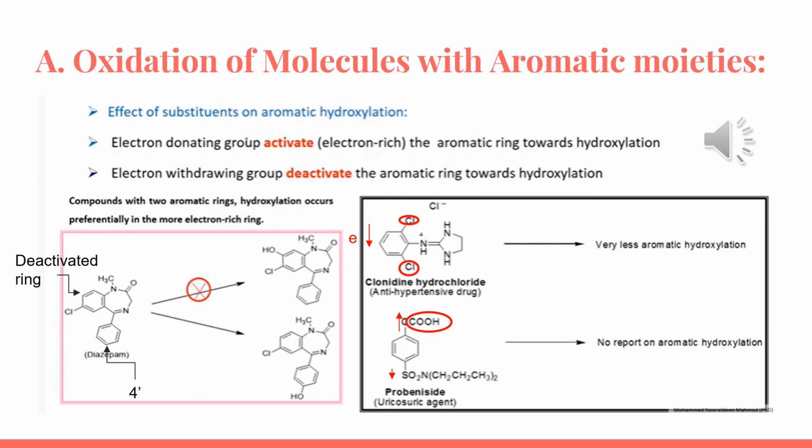Chlorine is an electron withdrawing group, making this ring deactivated. To recap, the electron withdrawing groups are halogens, for example fluorine, chlorine, bromine, and iodine, as well as C=O, S=O, and carbon with 3 fluorines.